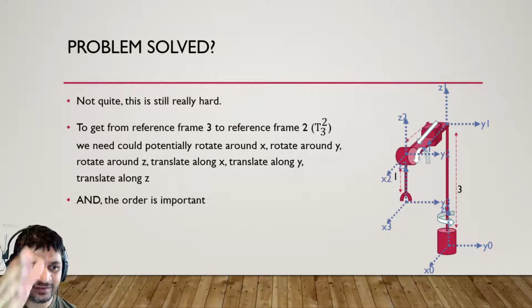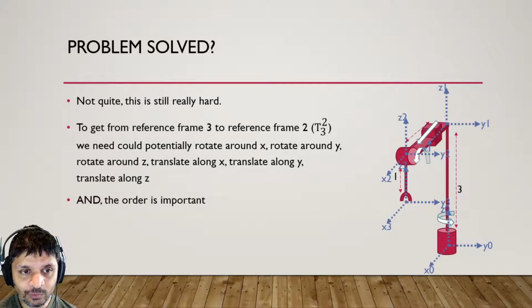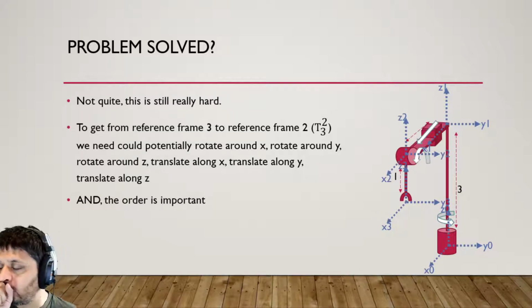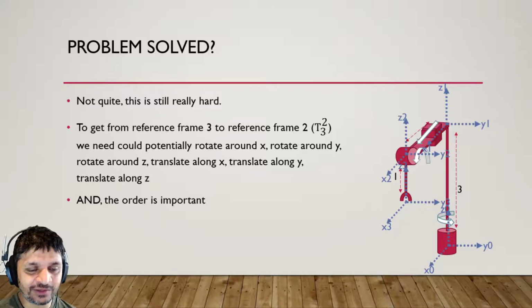Okay, so if I said I needed to translate by 1 on the Z-axis, is it this Z-axis or this Z-axis? Well, it depends on when I do the translation, right? So the order is important. I must rotate and translate in the right order. And thinking about what order to do this all in is actually quite difficult.